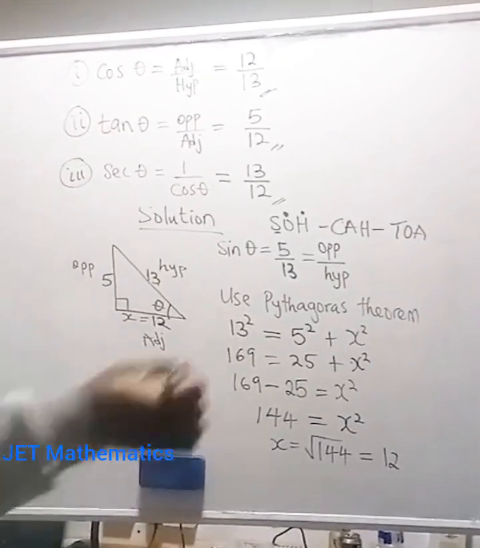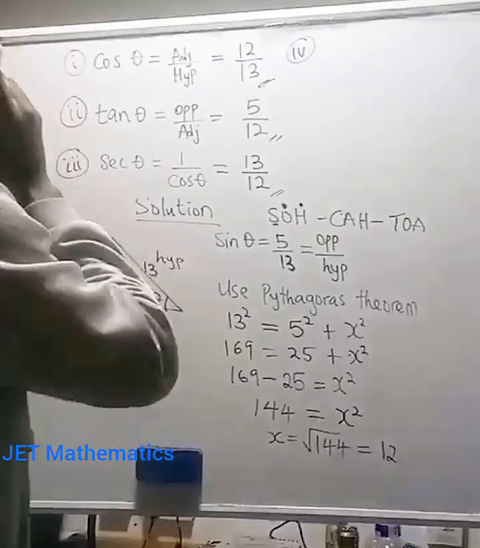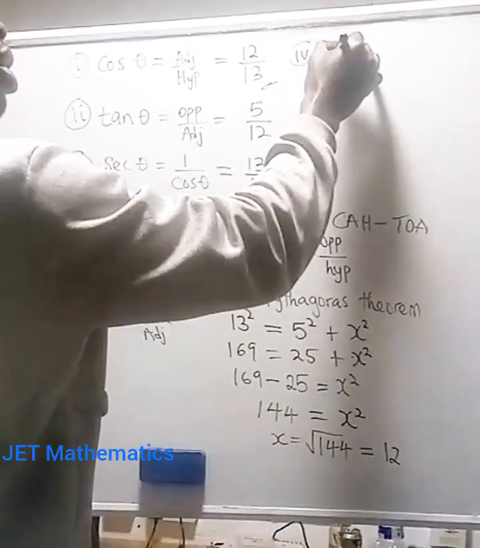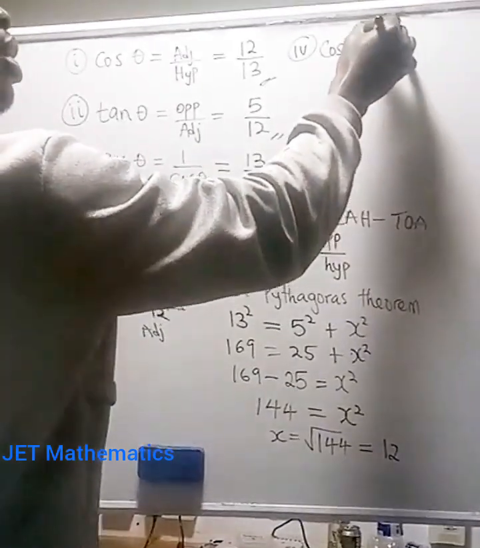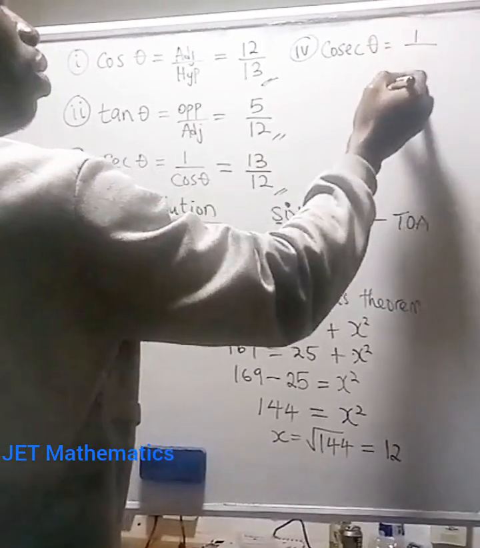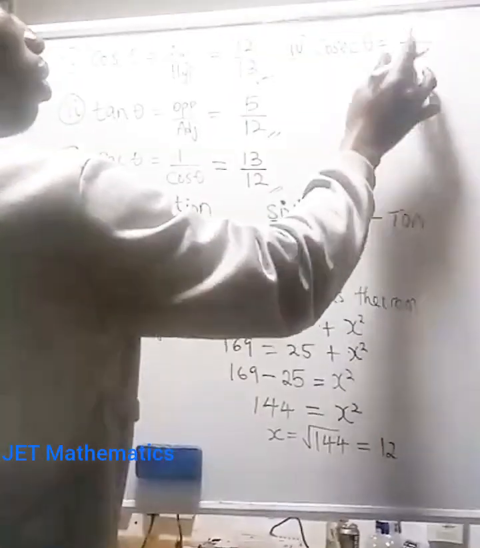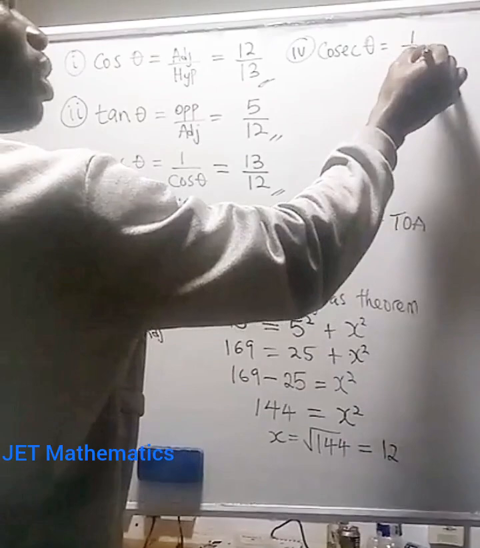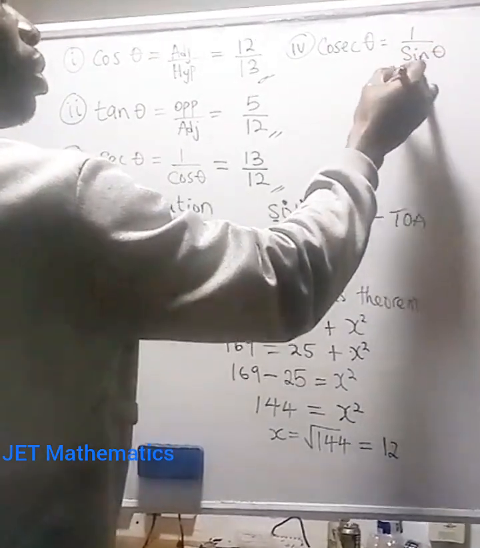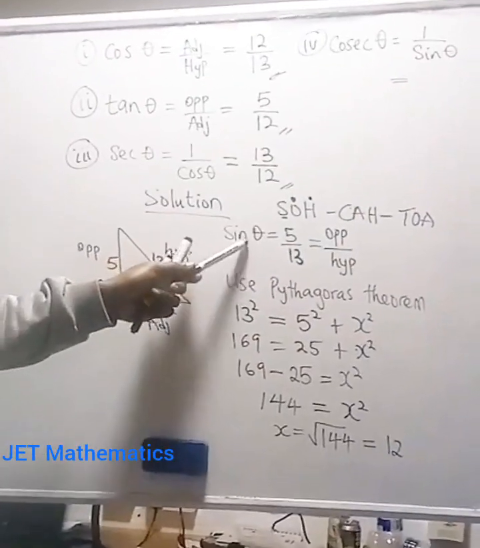Okay? So the next one, which is Roman figure 4, is cosec theta, and that is equal to 1 over sine theta. So we already have sine theta from the question given to us.